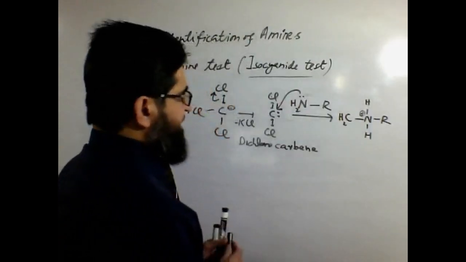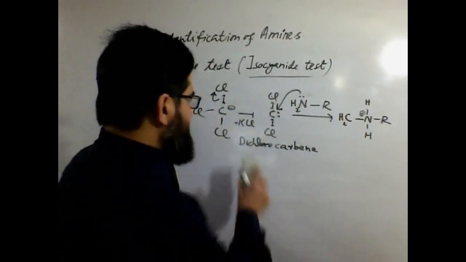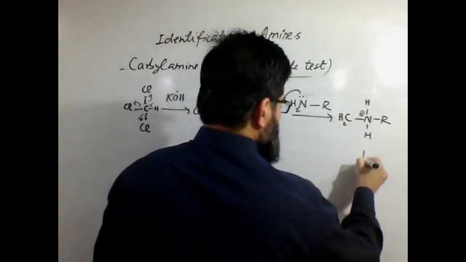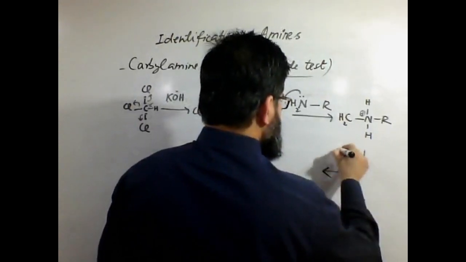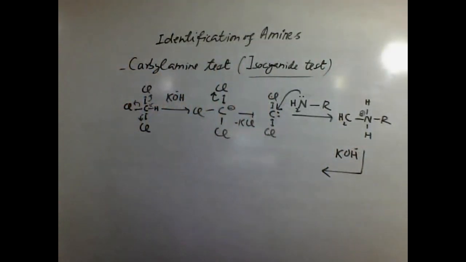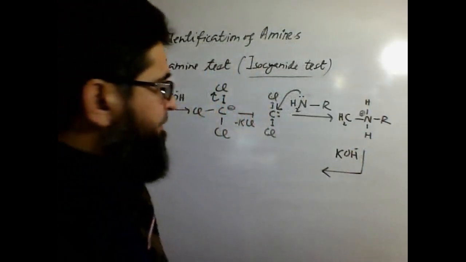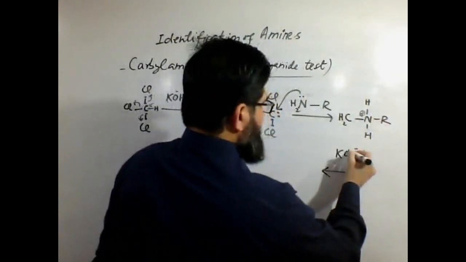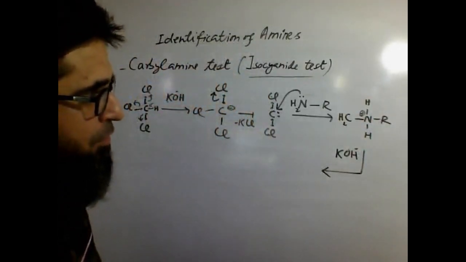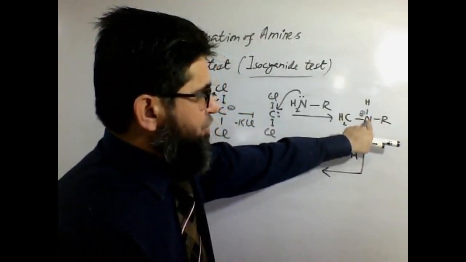So what happens then, at this point of time, another molecule of KOH, that is base, can come in to remove this proton from the amine, in order to settle the positive charge on the nitrogen.